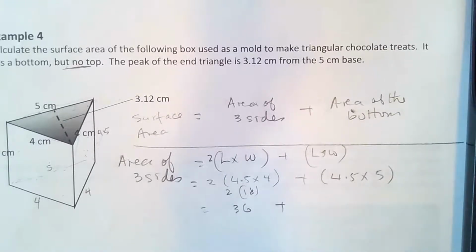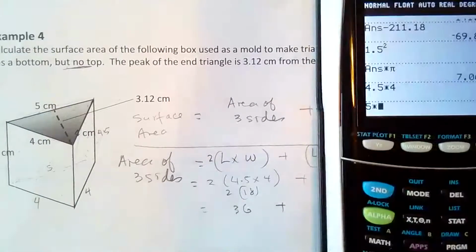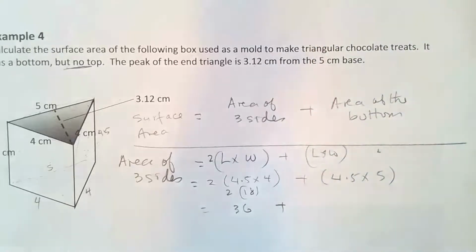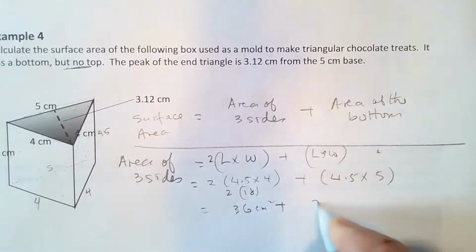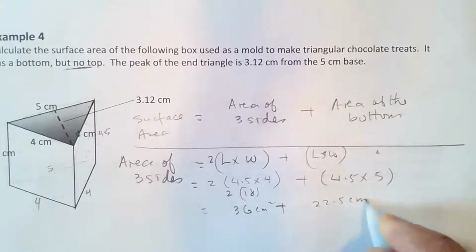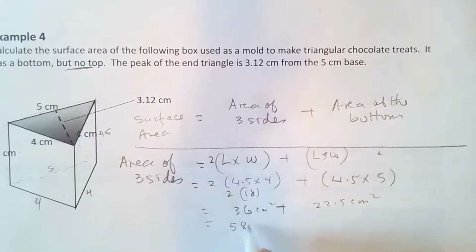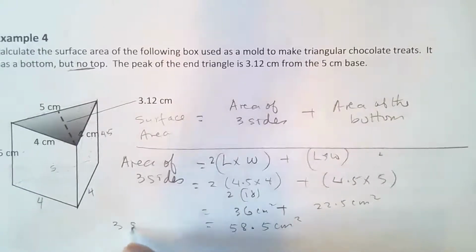And 5 times 4.5 gives us 22.5. Put them together, so we have the sides equal to 58.5 centimeters squared. So these are the 3 sides.